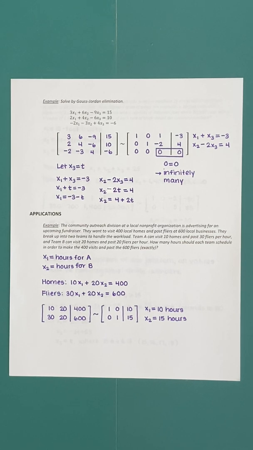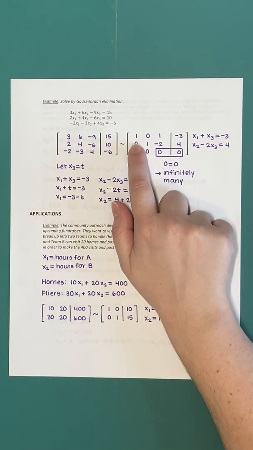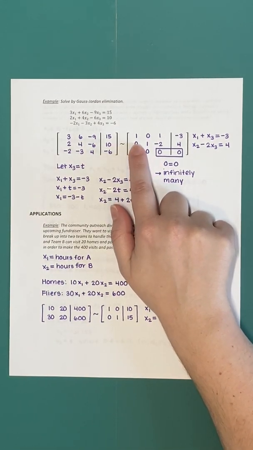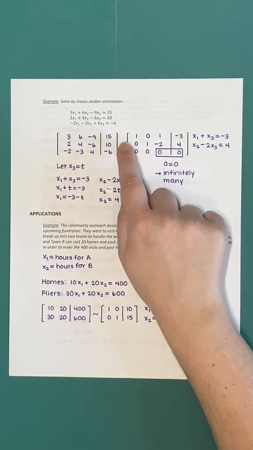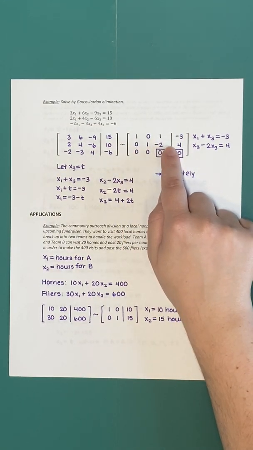So we can pick the values we want for T, but based on the values we pick, x1, x2, and x3 then have to take on specific values that are related to one another in very specific ways. So the way we're going to find the relationship among these variables is based on the remaining two rows that had non-zero values. So I want to take those two rows and I want to convert those back to equations.